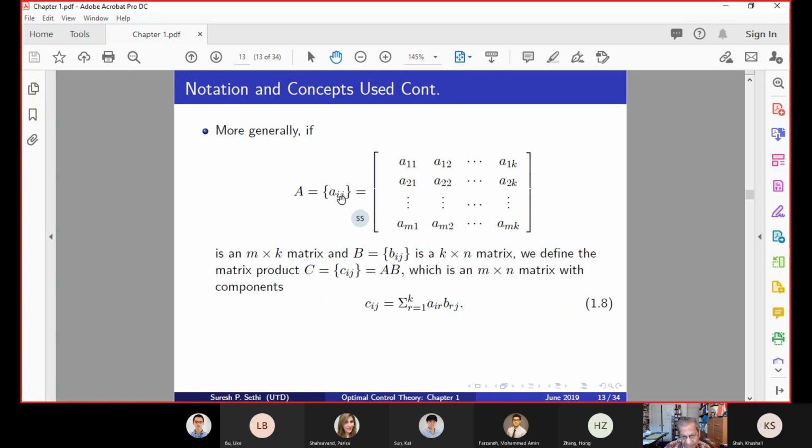And j is the second variable. It changes. You see, j is 1, j is 2, j is 3, j is k, right? So j is changing this way, i is changing this way. That is a standard notation in the literature.